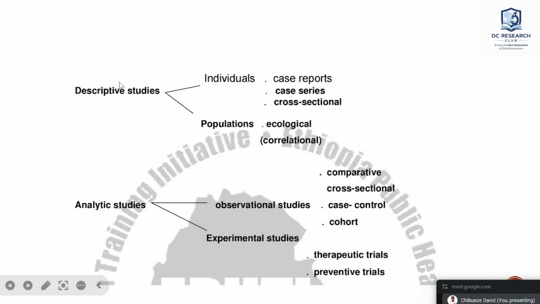Here we have a descriptive study to just describe. We are not doing anything, for individuals and for population. For population, an example is ecological study or correlational study. You are just describing statistically.